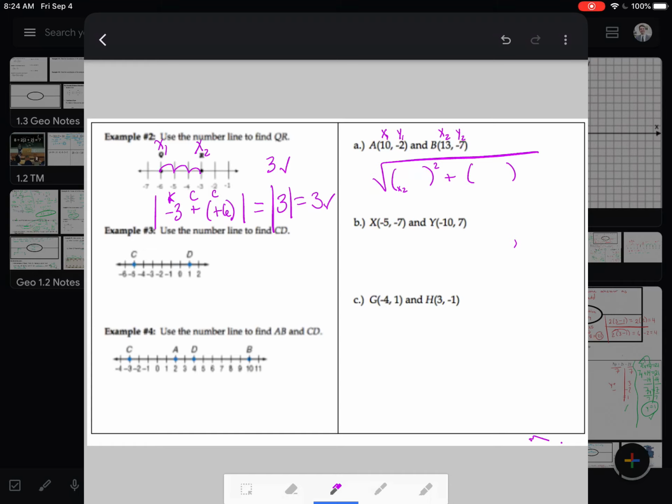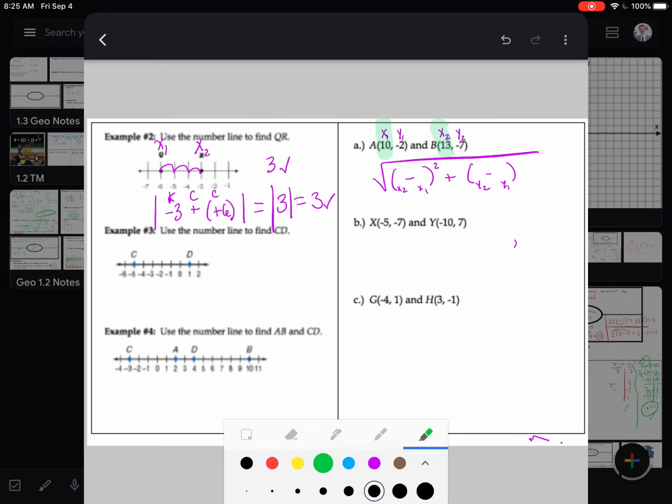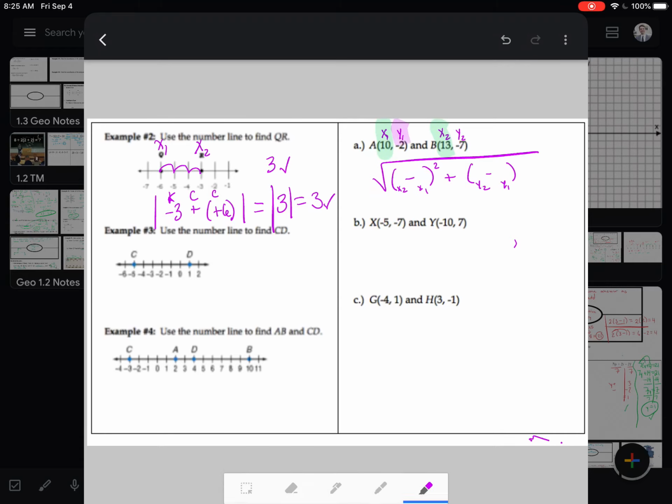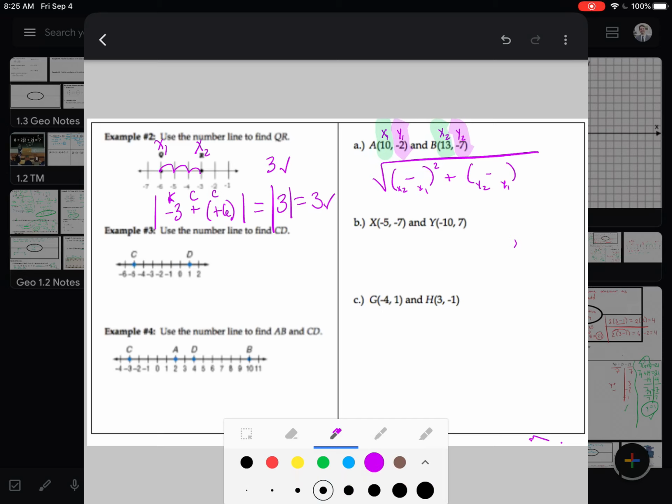So x2, x1, y2, y1, and for both we subtract. So my x2 is right there, x1 is right there, y1 and y2 are both right there. So I can use that as a guide to make sure that I am filling in the correct numbers.